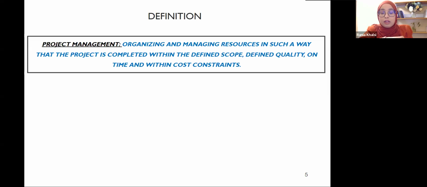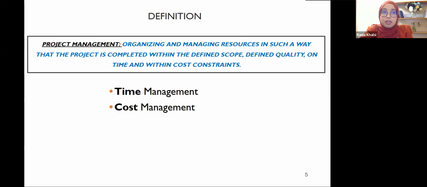Okay, we must deal with the trade-off of all these conflicting objectives. How can we reduce the budget, but at the same time, for example, still meet the high quality standards expected by the customers or whoever is going to use your software? Okay, so time management is very important.